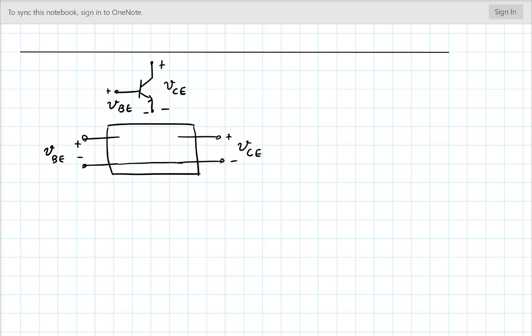And of course, you have the current that goes in on either side. So that's your base current here, and collector current there. Okay, so this is what we are dealing with.